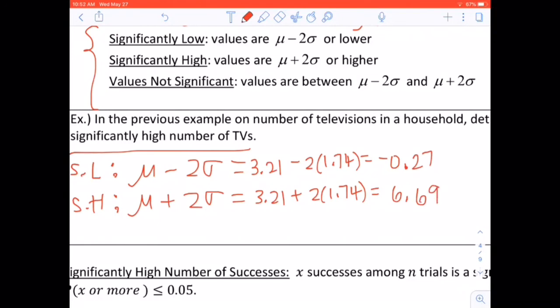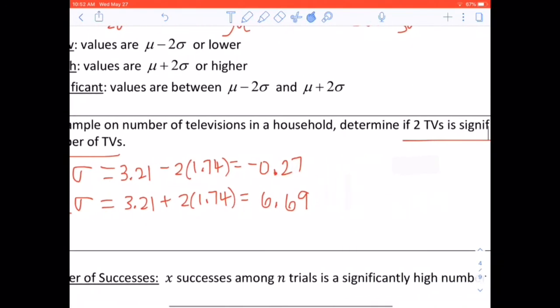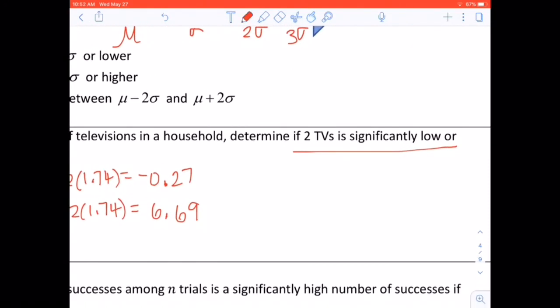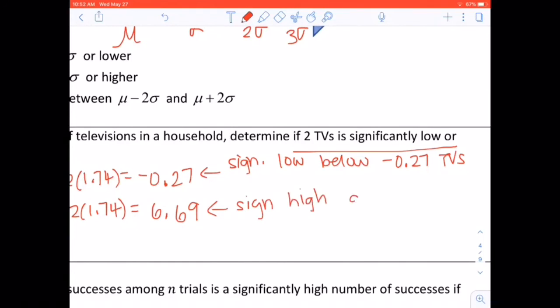So what this is saying is that significantly low values are going to be below negative 0.27 TVs. And 6.69 is for significantly high, which is going to be above 6.69 TVs.